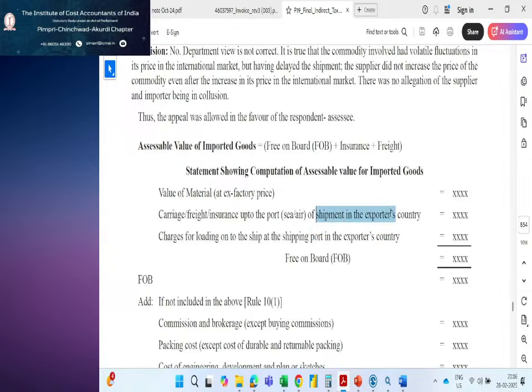So why am I highlighting this? Because we have freight, insurance or loading charges in the other problems. So you should not get confused about which freight or insurance or which loading charges. So it is in the exporter's country, then free on board.